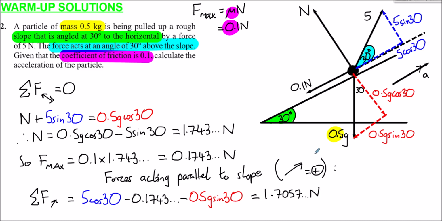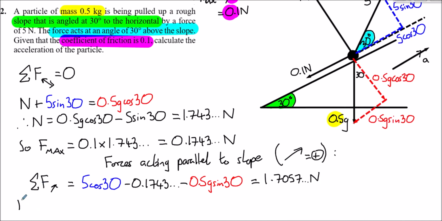So now what we can do is apply F equals ma up the slope. We worked out the resultant force going up the slope is 1.7057, and so on. That'll equal the mass of the particle, which we were told is 0.5, multiplied by the acceleration.